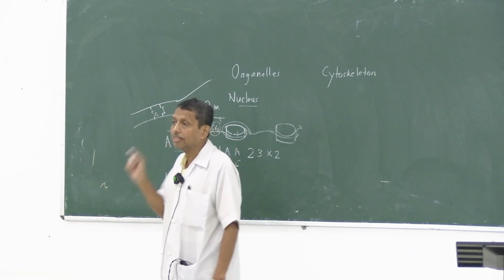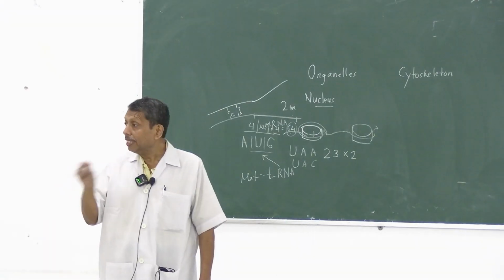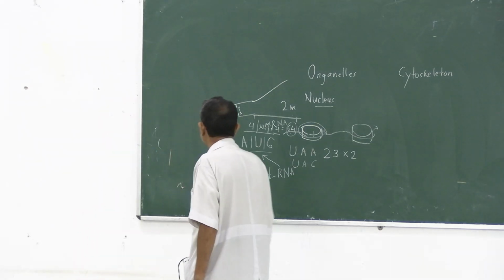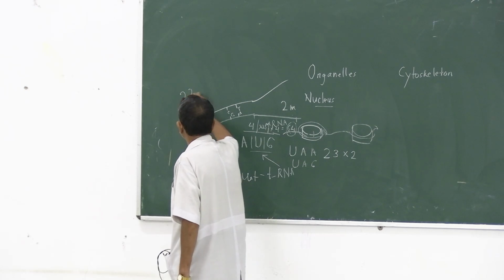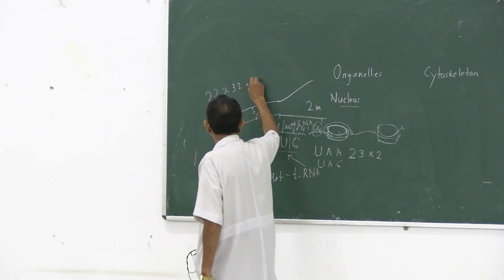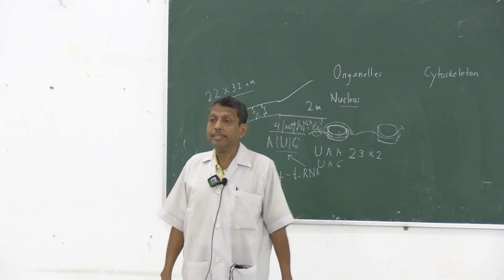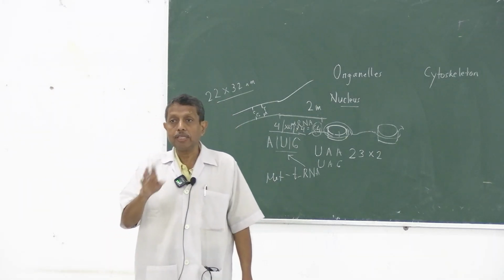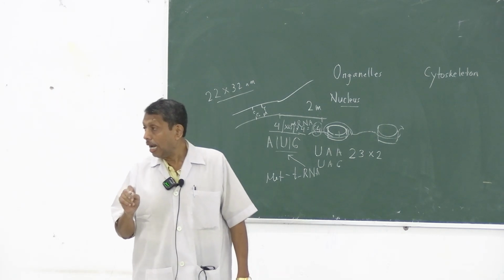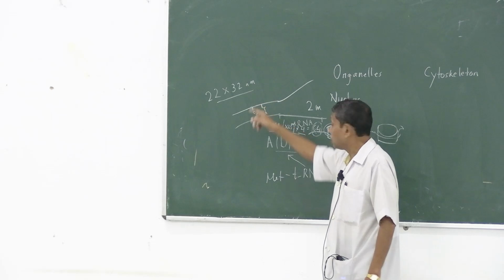In this case you have to know ribosomes, the structures over which proteins are synthesized. Their dimension is 22 into 32 nanometer, and they are produced from the information from the nucleoli. Growing cells have even more than one nucleolus, and these are the patches from which ribosomes are produced.